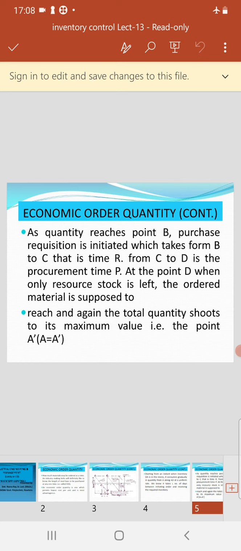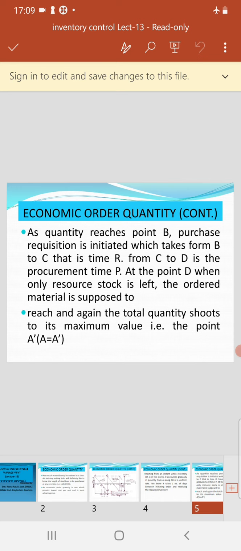Once the purchase order is issued at the point C, because the purchase process takes the time from B to C, that is the time R, then from C to D is the procurement time. So once the order is placed, the firm to which the order is placed and the transportation will take some time.